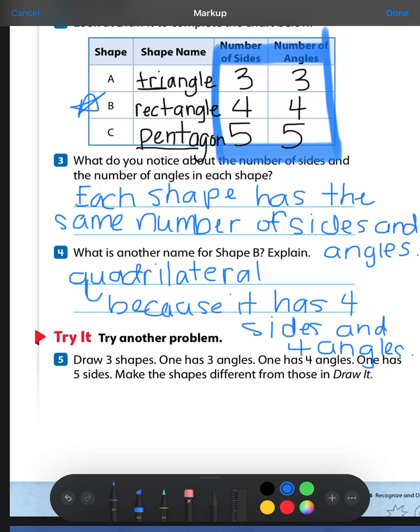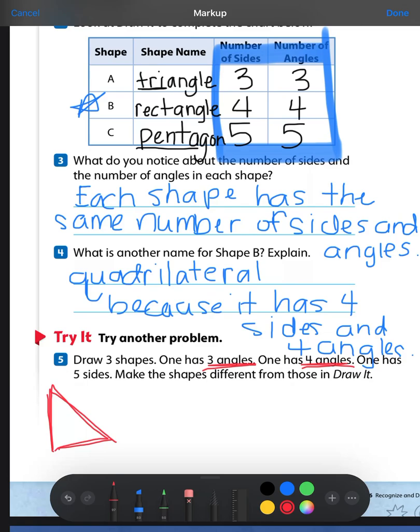Okay? First I'm going to draw the shape with 3 angles. Let's go in order. It can't look like the shape on page 250. That's an upside down triangle. So I'm going to make it a triangle still, but it's going to look like this.